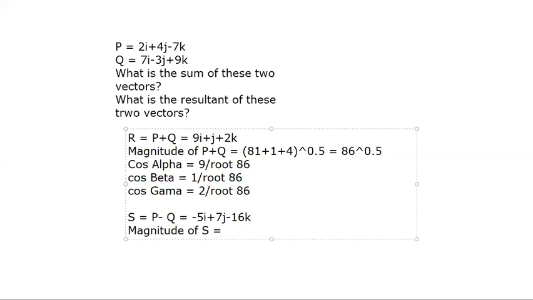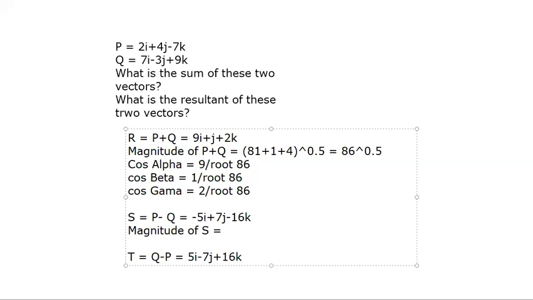Okay. Now find out Q minus P. It is 5i cap minus 7j cap plus 16k cap.